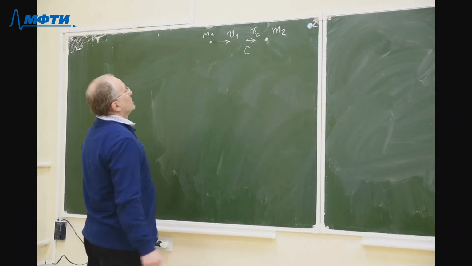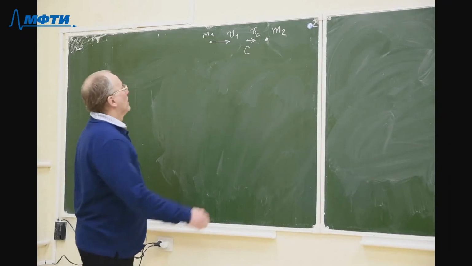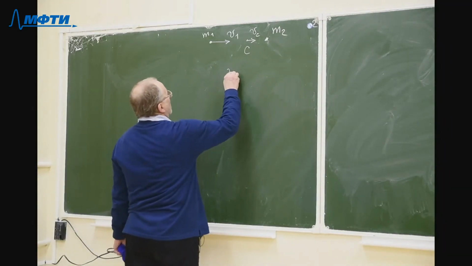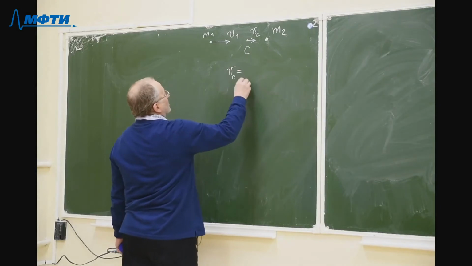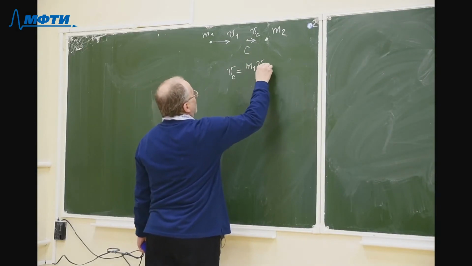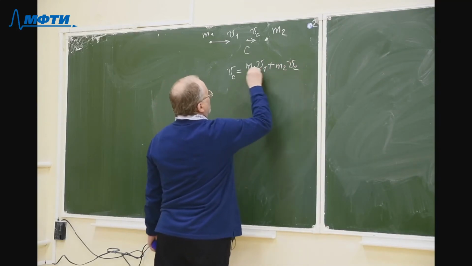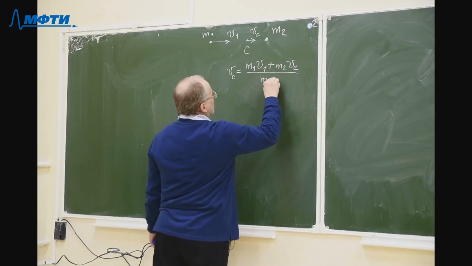How can this velocity be calculated? We have already considered this issue several times, and we know that the velocity of the center of mass is m1 v1 plus m2 v2 divided by the total mass.